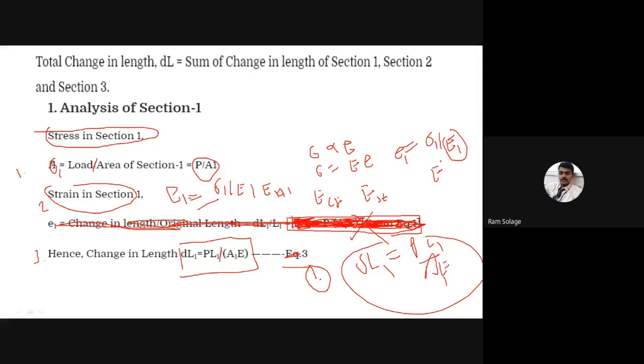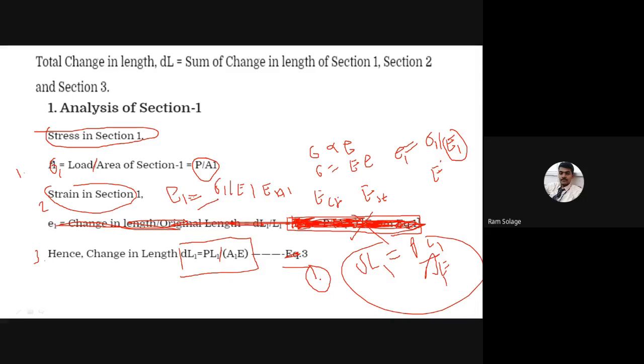Similarly, in your notebook, do the analysis of section number 2 and calculate sigma 2, epsilon 2 and delta L2. I told you section 1, you calculate section 2. Write in your notebook the analysis of section 2.